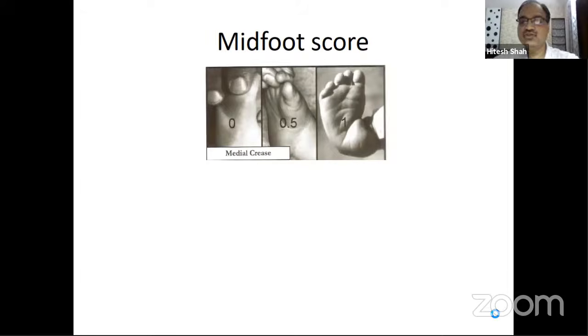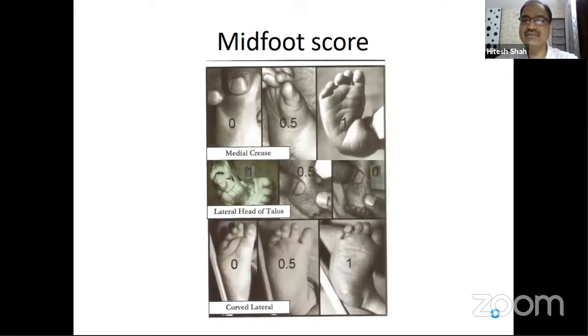There are three midfoot scores. They are the medial crease, the palpation of the head of talus, and the curved lateral border. Similar to the hindfoot crease, when the crease is deep-seated, it is given a 1. When the deep crease is not present, it is 0. When the head of talus is palpable and prominent, it is 1.